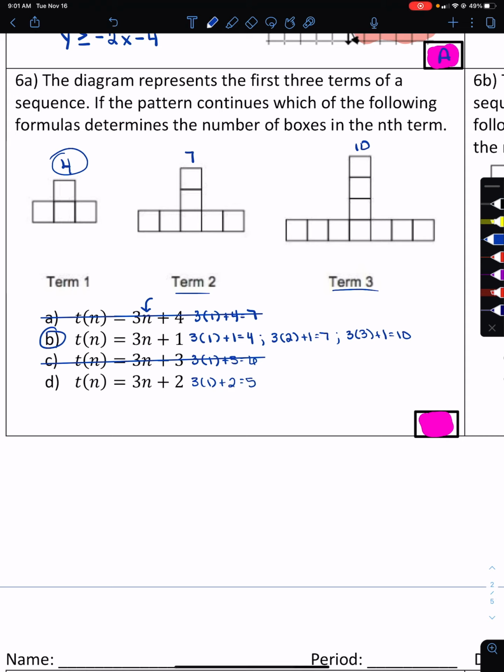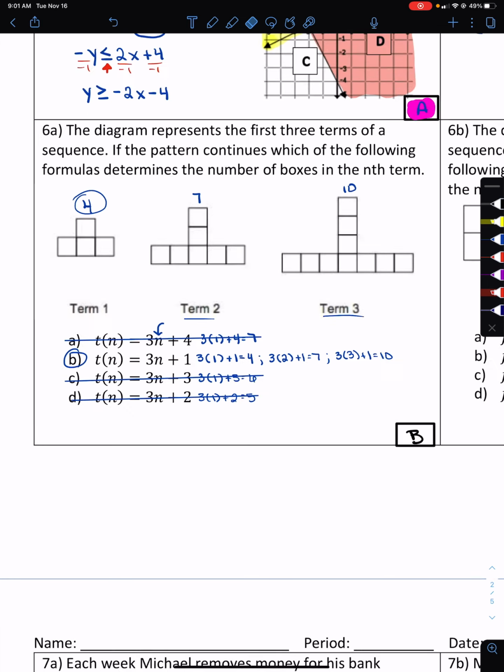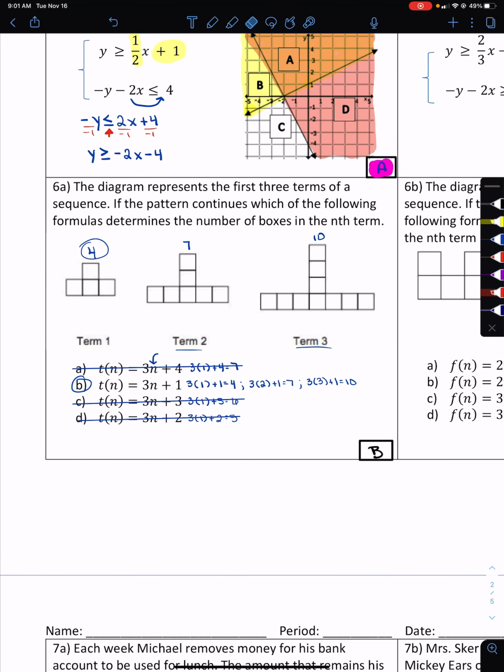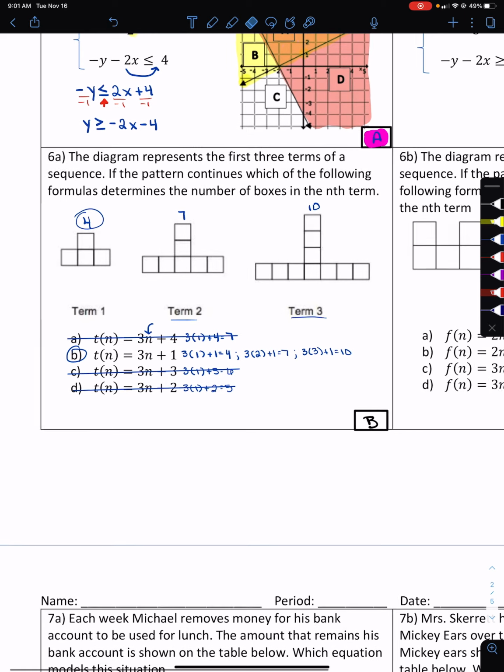My first term has 4 boxes, so this one doesn't work either. All right, so I'm going to let you pause here and work on number 6, and I'm going to stop this video and I will start a second video for the second page.